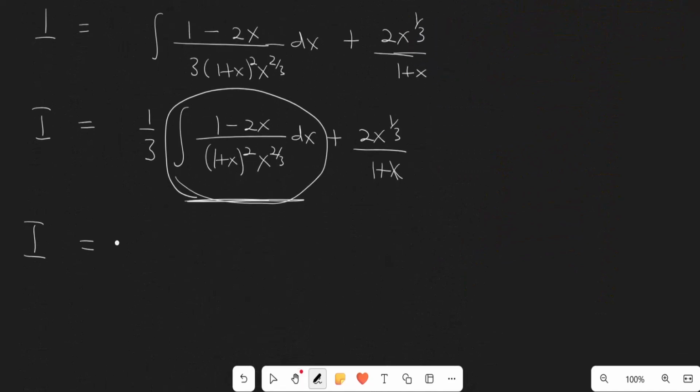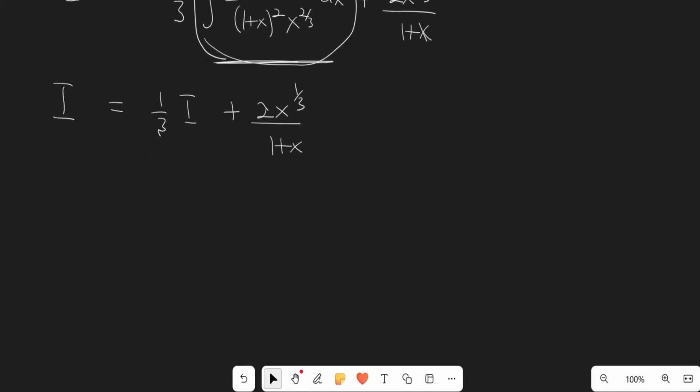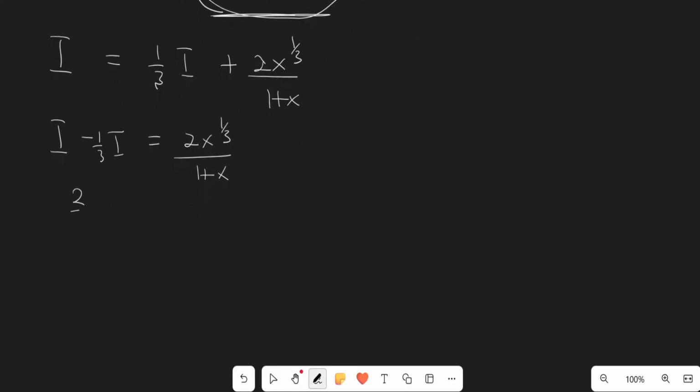So we have I equal to 1/3 I plus 2x to the power 1/3 over 1 plus x. We can subtract 1/3 I from both sides, so I minus 1/3 I equals 2x to the power 1/3 over 1 plus x. That gives 2/3 I equals 2x to the power 1/3 over 1 plus x.